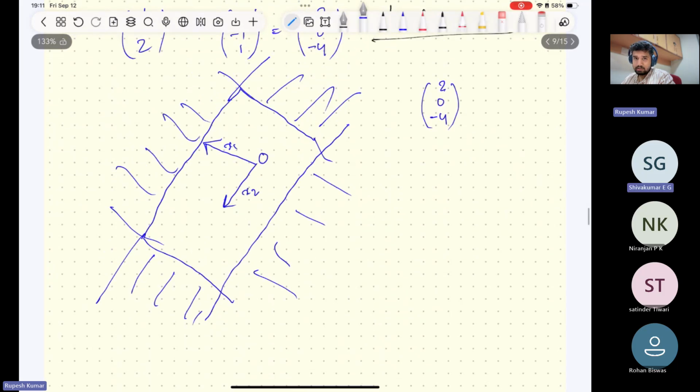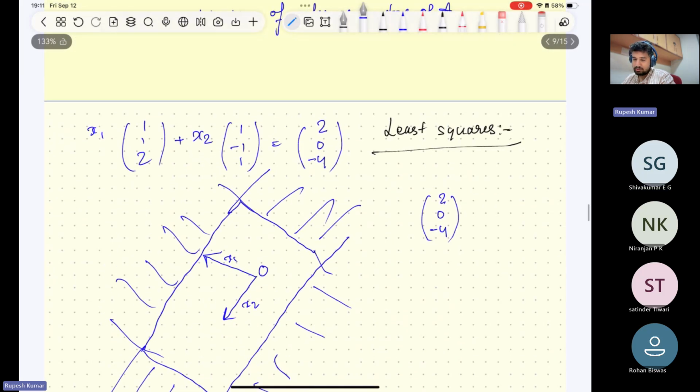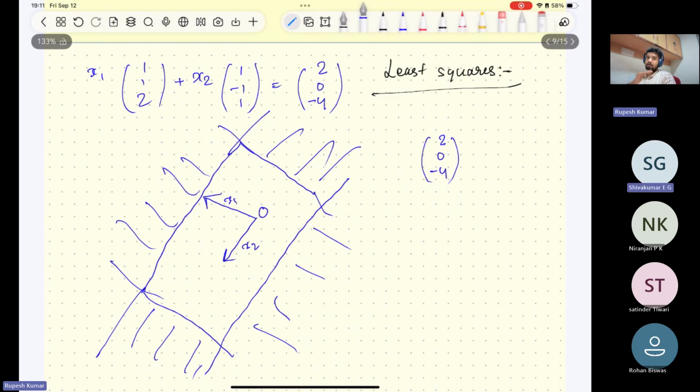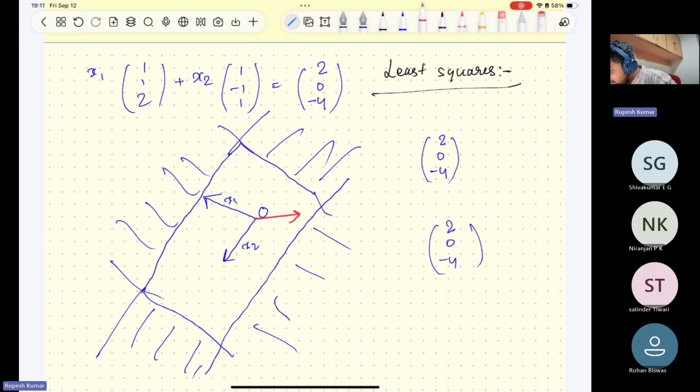These two vectors are not aligning with each other. So this is fine. Now we can't reach it. Let's say if the vector 2, 0, minus 4 was in the span of this space, somewhere here, you would have a solution, right? But that is not the case. 2, 0, minus 4 is not in the space.